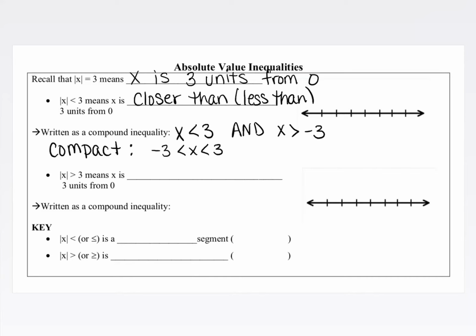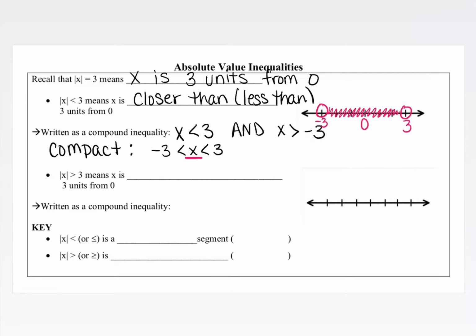Let's look at this on the number line. So if we have 0, 3, and negative 3, we'll just have it be open circles because we're dealing with strictly less than. Now here we're going to shade in the center, because in our compact compound inequality, we see that x is lying in between negative 3 and 3.